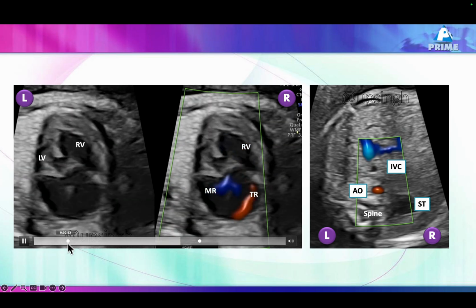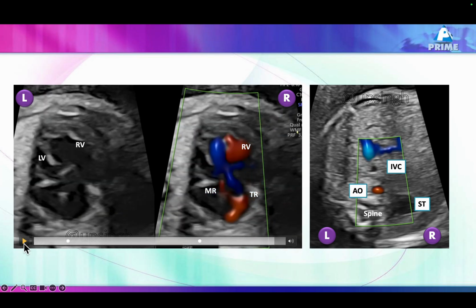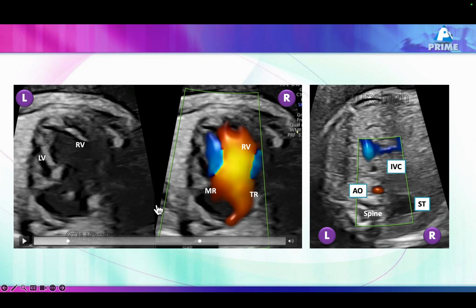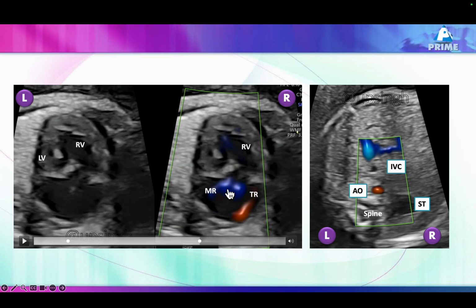Now another thing you should notice here is that the right and left inflows are going into the single ventricle. Not only that, there is a mitral and tricuspid regurgitation, or right and left AV valve regurgitation, because this is a common AV valve.